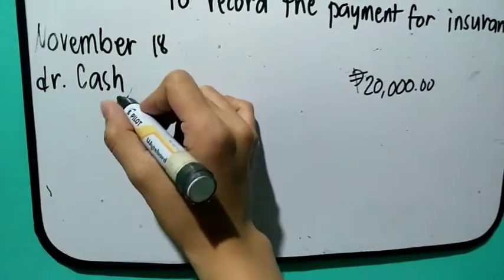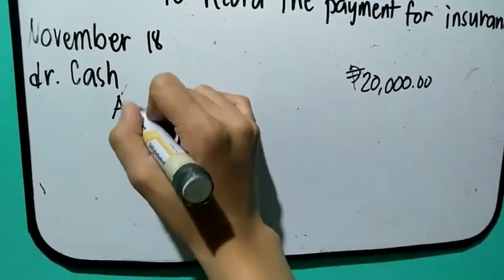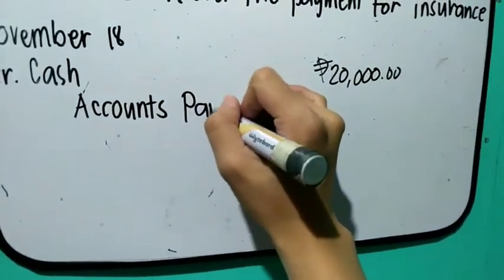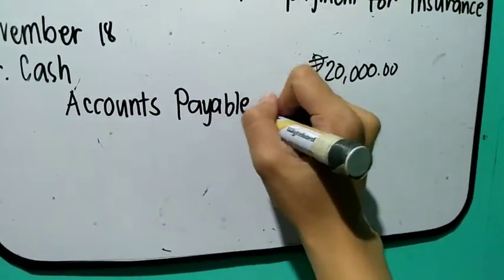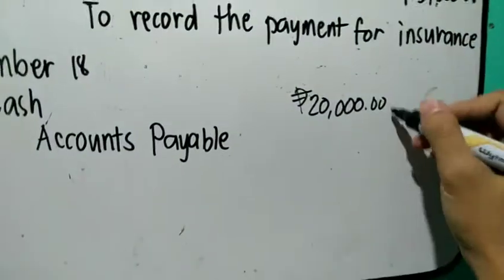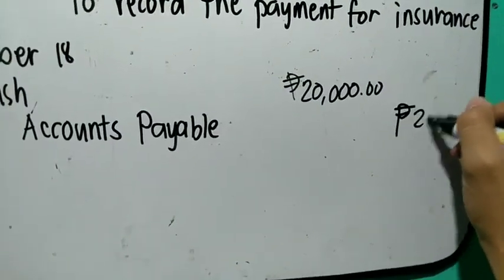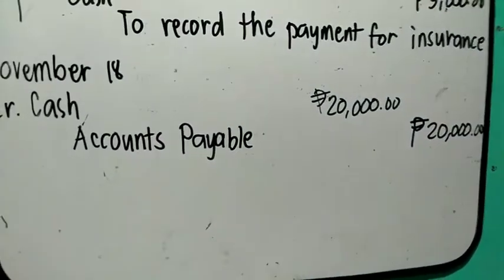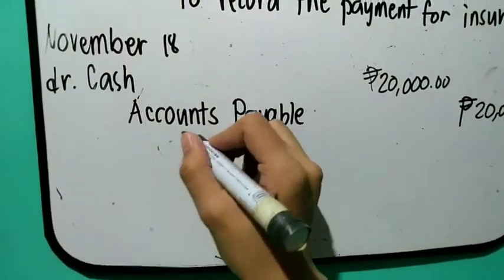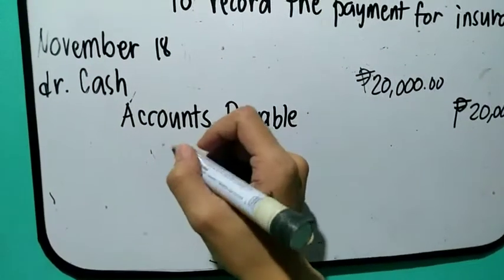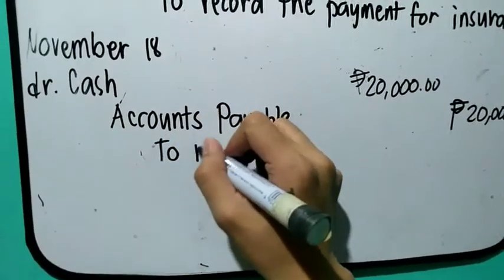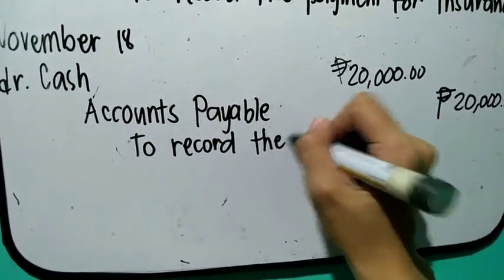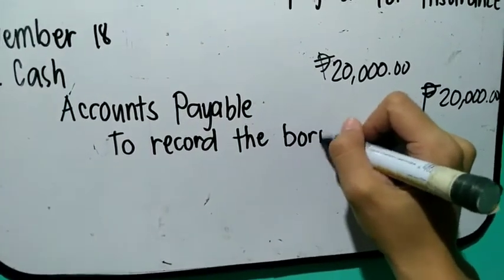So you can have accounts payable, which is 20,000 pesos. And for your explanation, to record the borrowings.